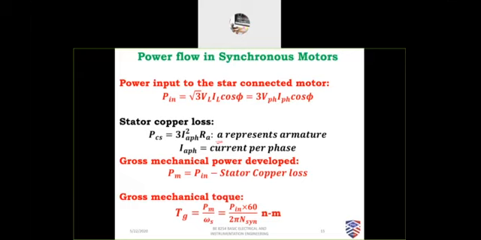294, where everything is given, the efficiency equals P out by P in. So P out is PM minus mechanical loss. Then P out by P in is your efficiency.